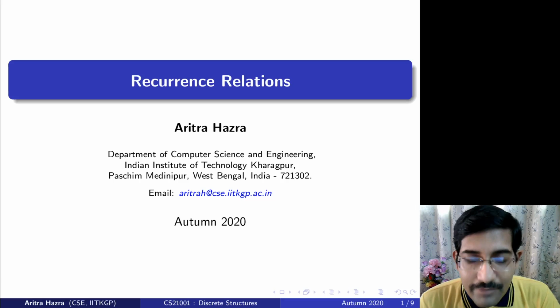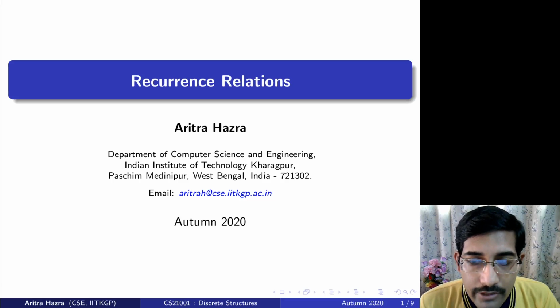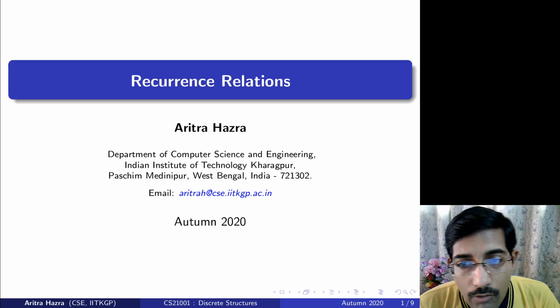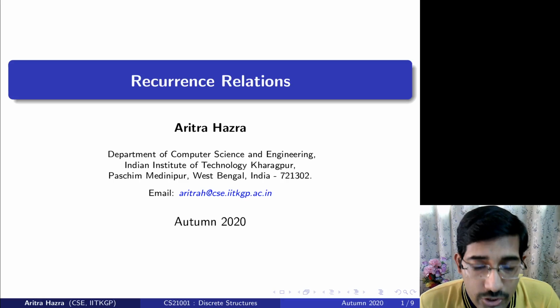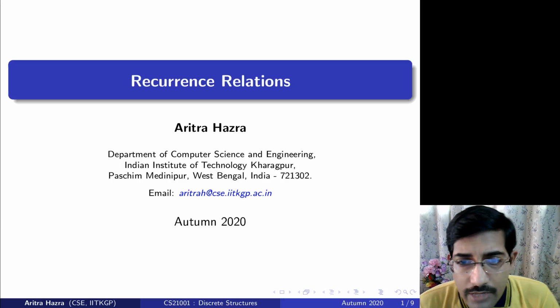Hello everyone. In the last few lectures, we were discussing recurrence relations. Recurrence relations are types of relations which can be defined with respect to itself. And we have seen how we can devise solution mechanisms for first order, second order, homogeneous, non-homogeneous, constant coefficient type, variable coefficient type, and many more.